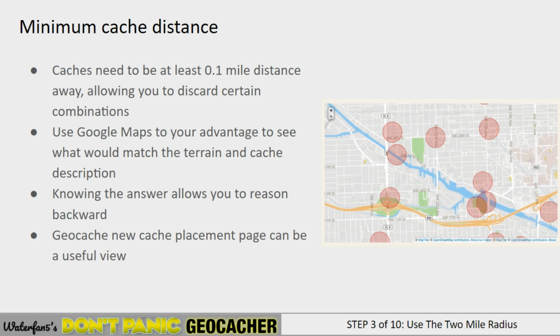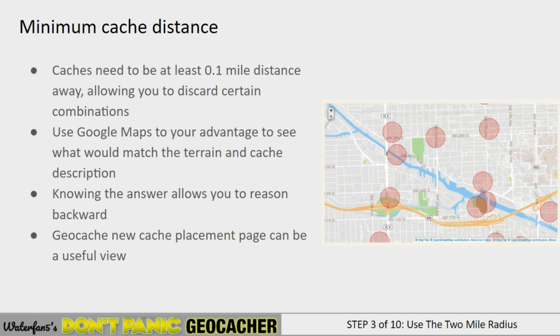Another important element to consider is that within the 2-mile radius, some of the spaces may already be occupied by other geocaches. If it's a very rural area, of course, there might be very few caches there. But it's worth looking at the geocaching new cache placement page and pretending you're placing a new cache in that area to see what areas are already being blocked out.